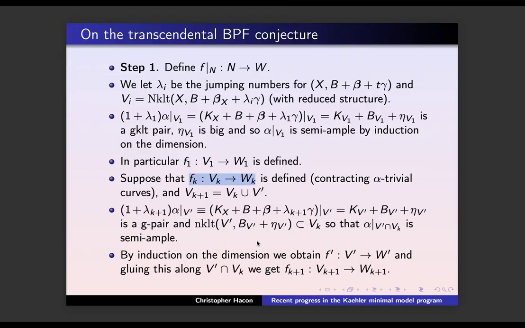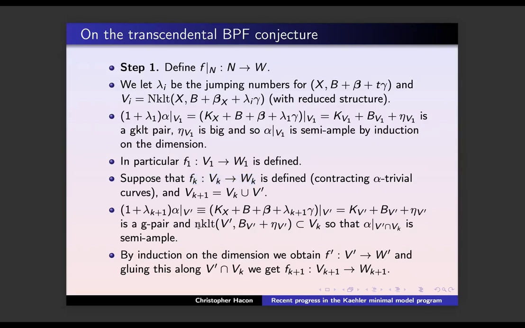So this would be similar to a base point free theorem where, in the traditional case, you allowed your pair to be non-KLT, but you assume that the divisor that you're trying to show is semi-ample when restricted to the non-KLT locus. Now, such theorems do exist in the usual projective setting, so there's reason to hope.